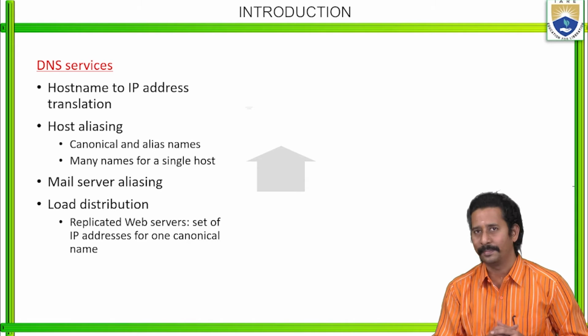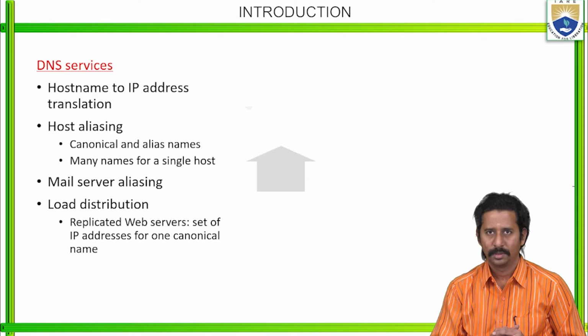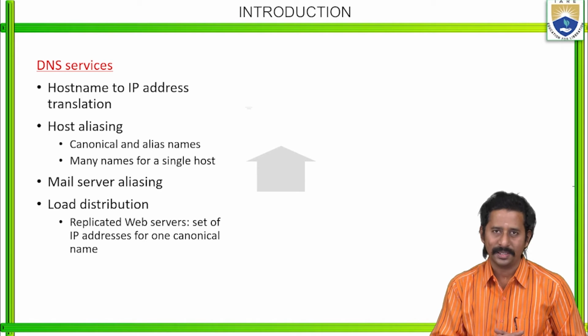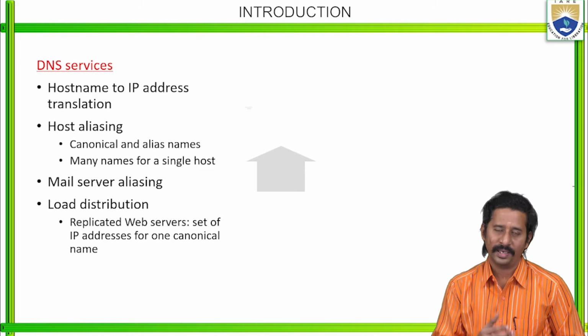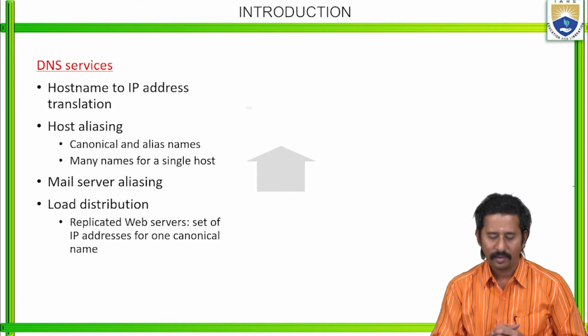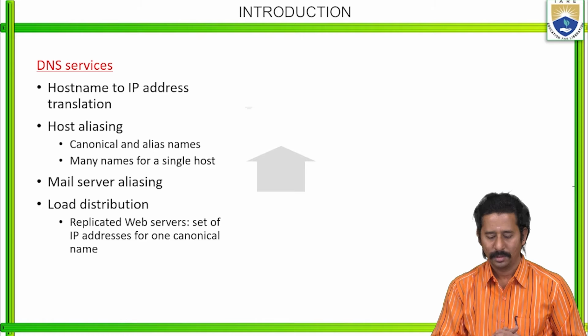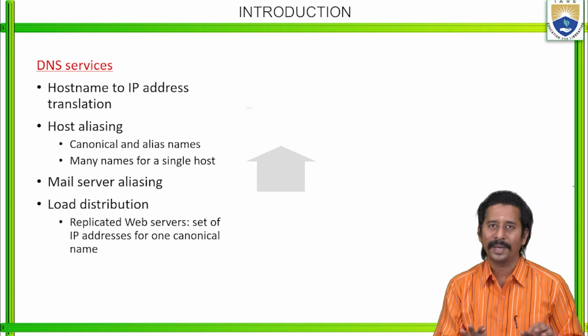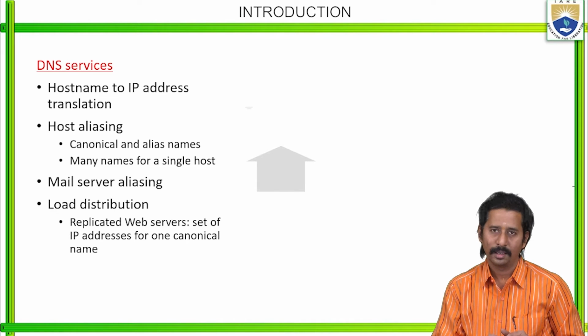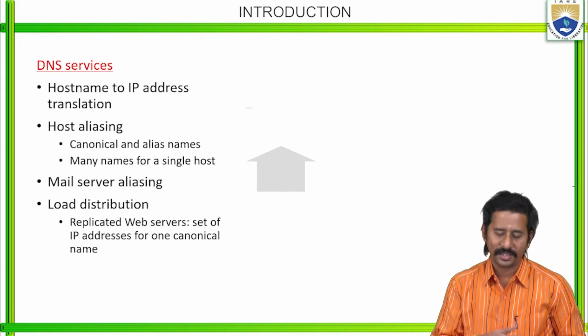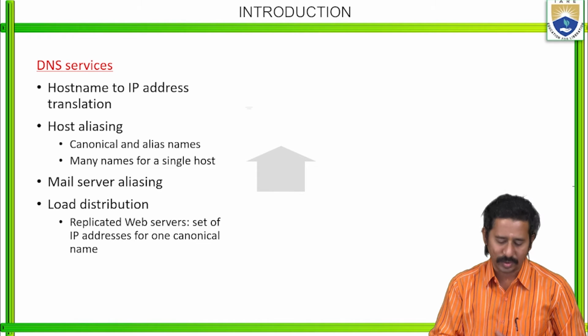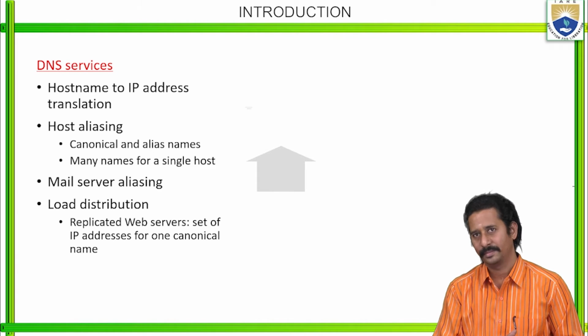But since we are accustomed to memorizing and dealing with names rather than numbers, and especially since there are a number of websites on the internet, for simplicity we just type in the domain name, and DNS automatically converts it to the IP address for us.